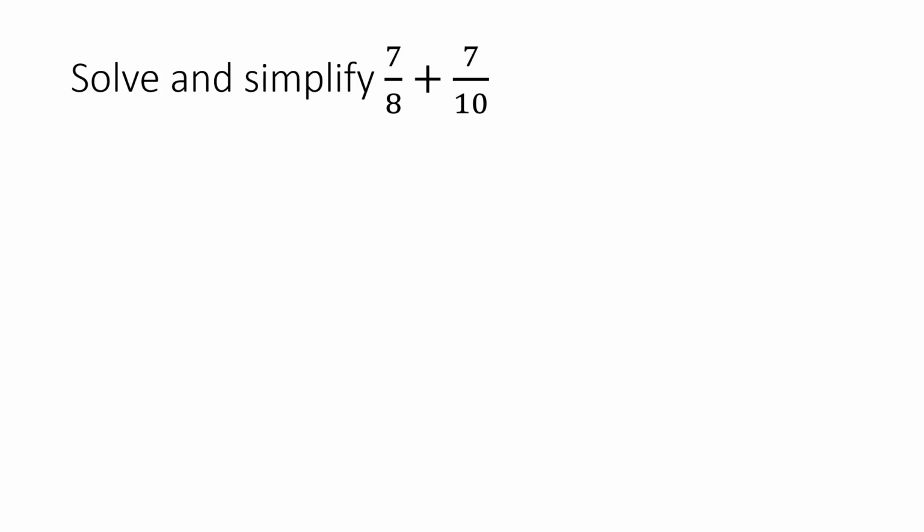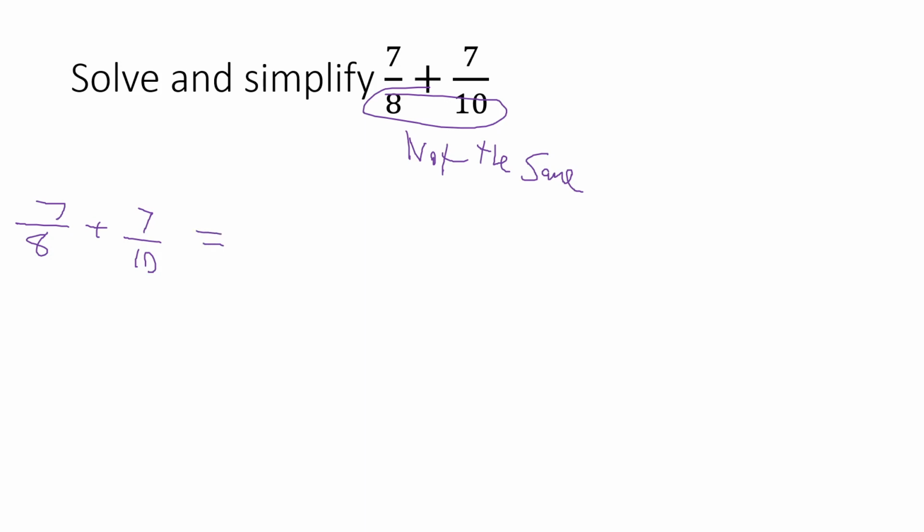Okay, but what if it asks us something like this, where we're told to solve and simplify 7 over 8 plus 7 over 10. Again, likewise, these two are not the same, so we have to make them the same. 7 over 8 plus 7 over 10. What's the first thing we're going to do? We're going to get this 10 and we're going to cross multiply.